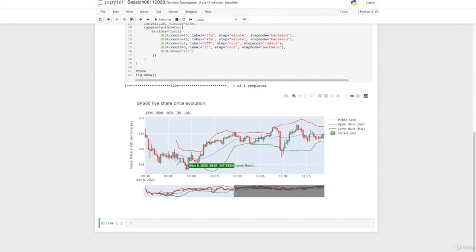Here I'm just giving you a live session on how to use the Bollinger Band, and for instance, you can use it to detect whether it's the right time or not to buy the share. For instance, let's zoom on this part of the graph.